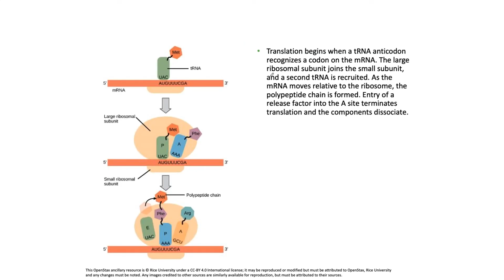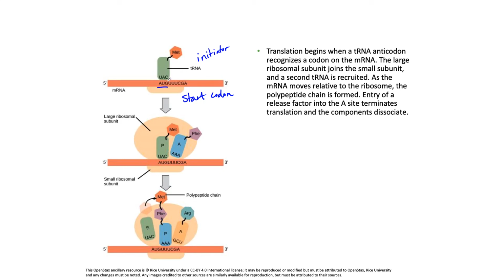So if we take a look here, you see that we have the mRNA sequence shown in orange, and this right here, AUG, if you remember, that's the start codon. This first tRNA that you see would be the initiator tRNA.